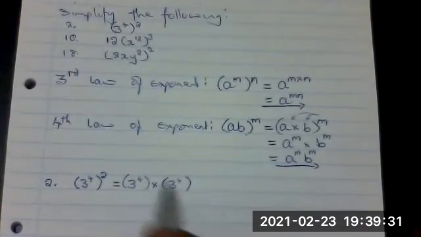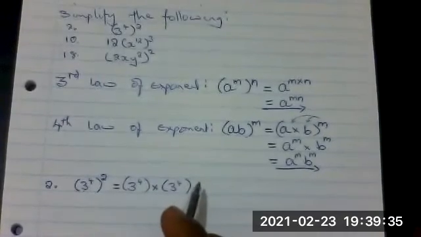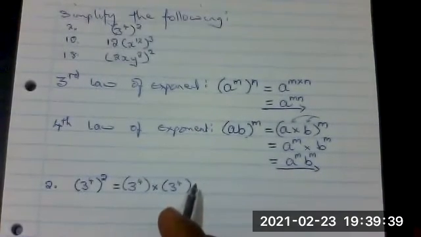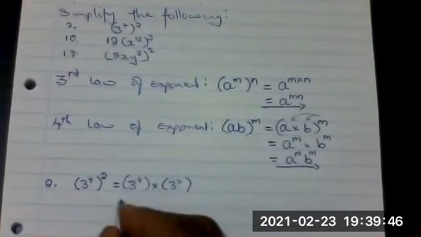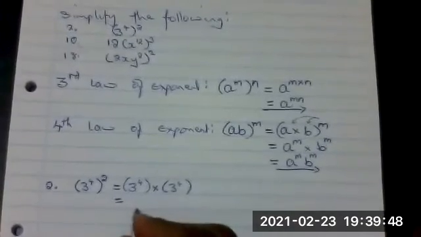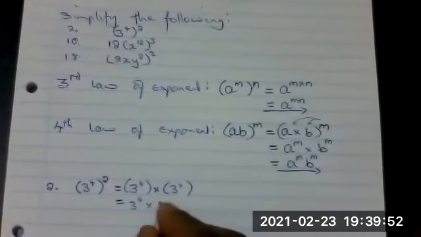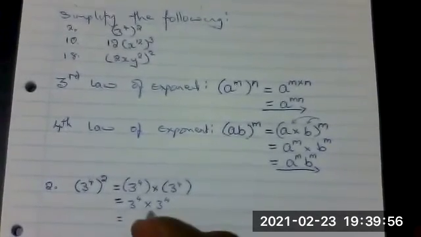Now, when we multiply the same bracket, remember the first law says that whenever you are multiplying numbers having a common base, we add the exponents. So this is now equal to 3 to exponent 4 times 3 to exponent 4.